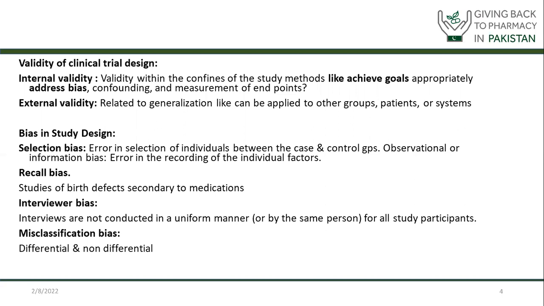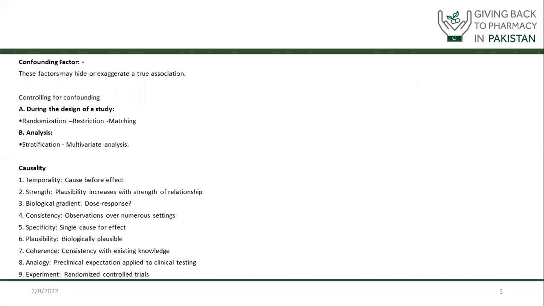So misclassification of something. There are some other factors that can impact the study other than bias, called confounding factors. What is a confounding factor actually? For example, if I want to study whether alcohol can impact coronary artery disease or not, I'm just looking at alcohol and coronary disease.